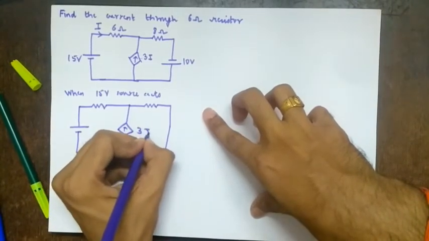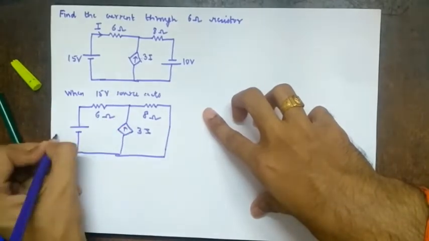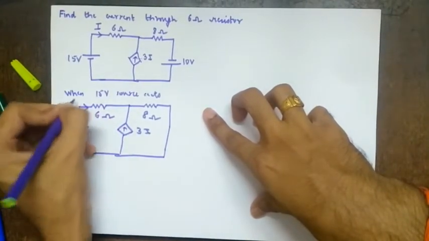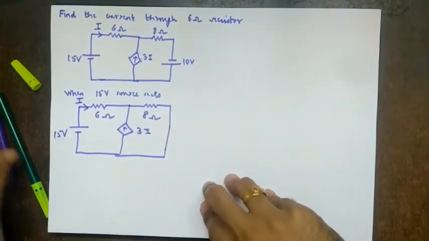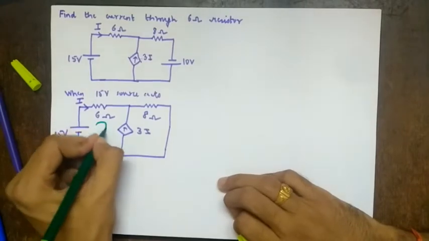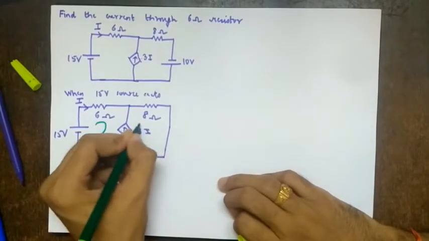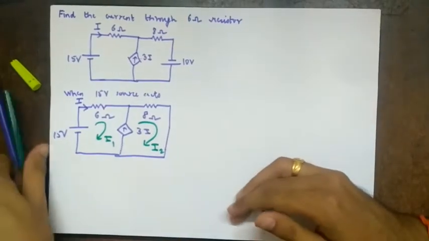So this is 3i, this is 8 ohms, 6 ohms, 15 volts, and this I is original, which is given for this, right? Now what we have to do, we can solve this using mesh analysis, right? So this is I1, this is I2, fine.